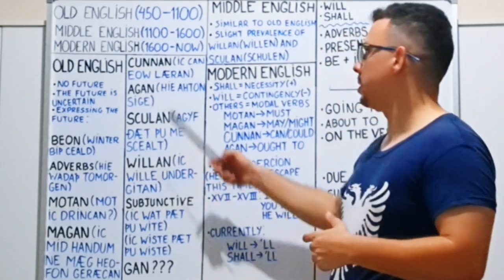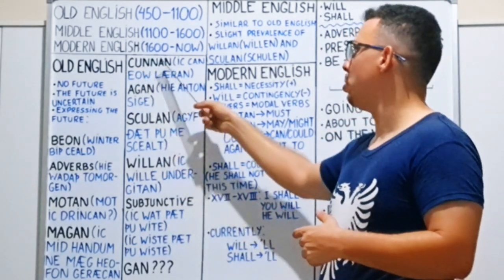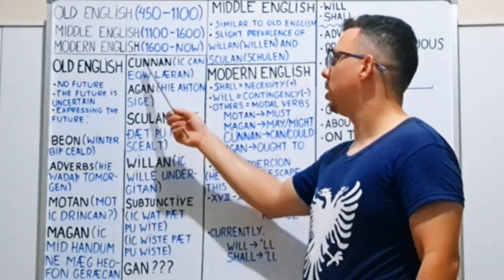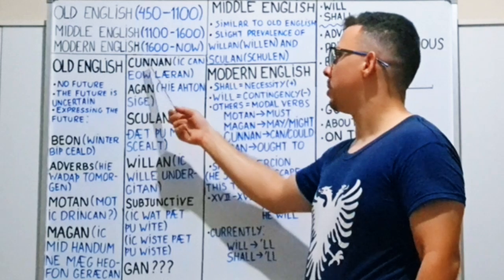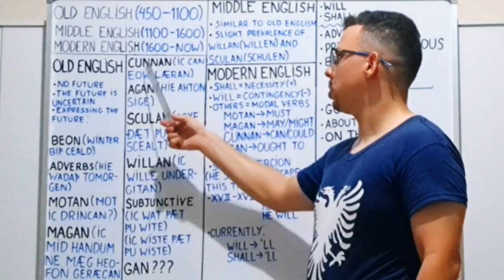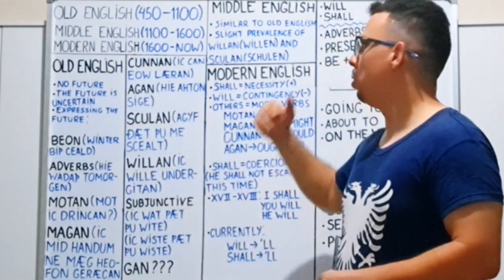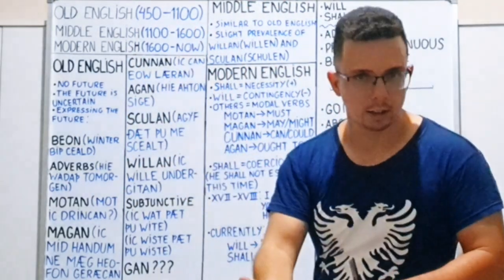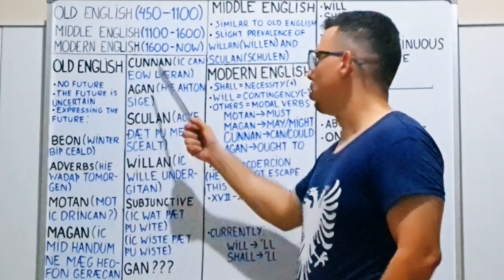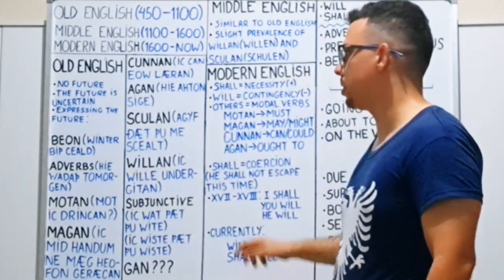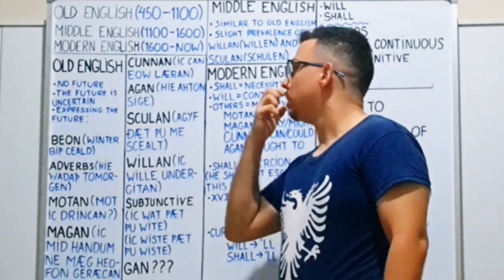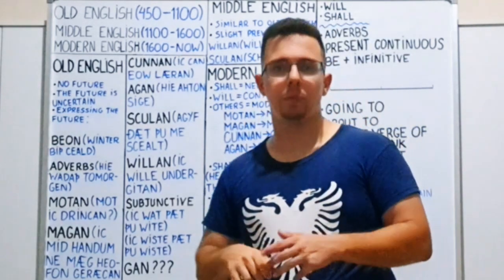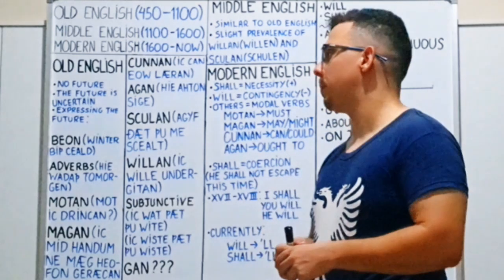Now, the next one is kunnan. There's a reason why I'm taking too long to pronounce the N here. That's because this should take longer. Kunnan means to have the necessary knowledge, to be able to, just like modern English when we say, I can play the piano.